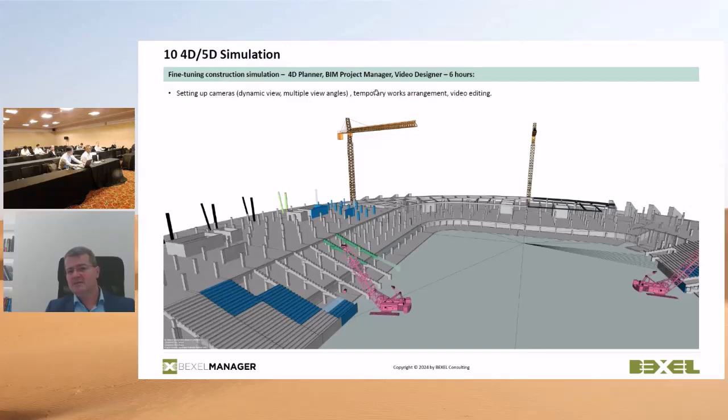Then you need to move to the production stage, and you need to set up various cameras, temporary works, and video editing. Based on these initial 4D, 5D simulations, you need to create something more visually attractive.